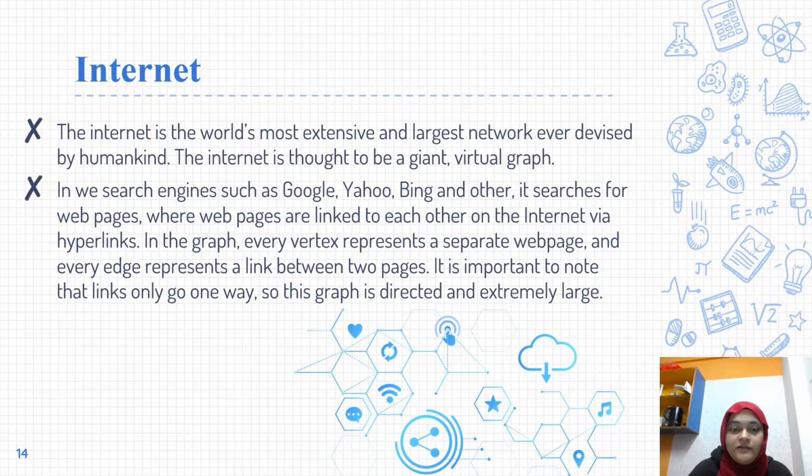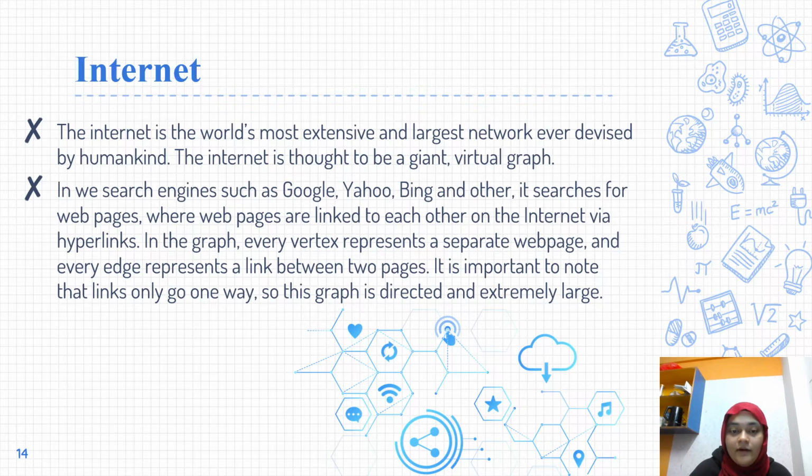Internet. The Internet is the world's most extensive and largest network ever devised by humankind. And the Internet is thought to be a giant virtual graph. In search engines such as Google, Yahoo, Bing, and others, it searches for web pages, where web pages are linked to each other on the internet via hyperlinks.